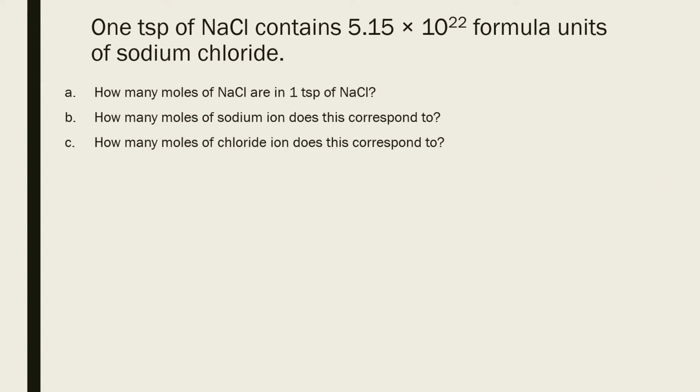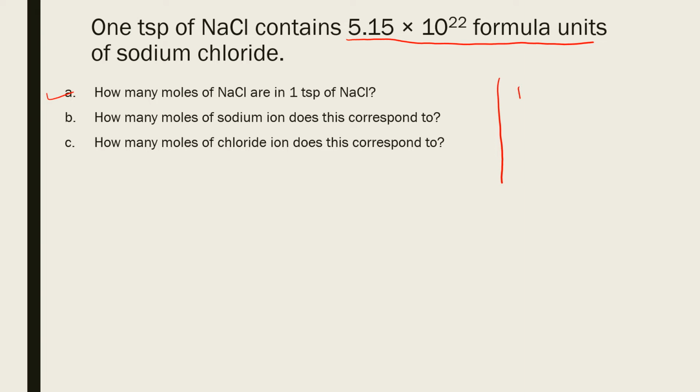Let's solve another problem. In this problem, we are given this many formula units of sodium chloride. Formula units means that many sodium chloride molecules, and we want to find, first of all, how many moles of NaCl are present in that one spoon of NaCl. So that's simple. Remember, the conversion factor will always be the same.